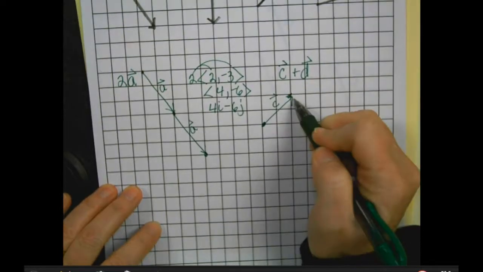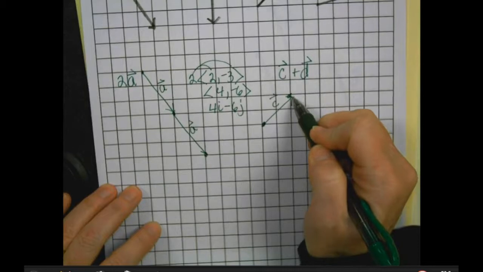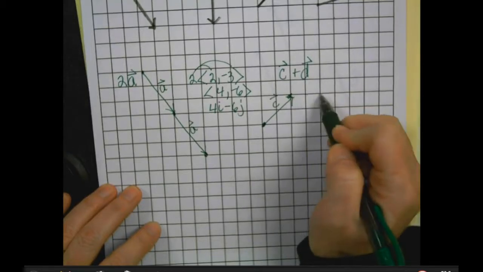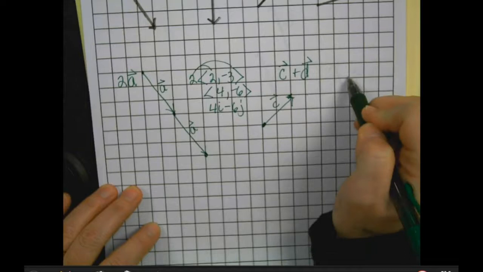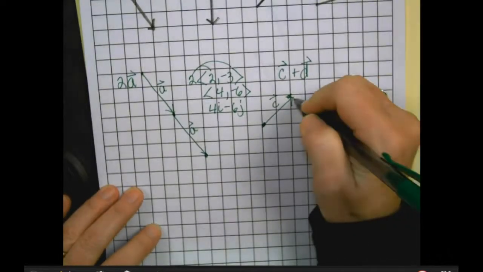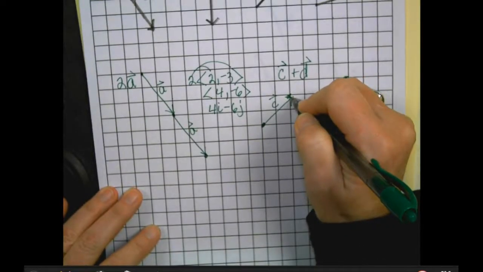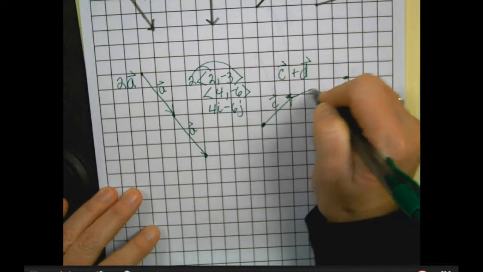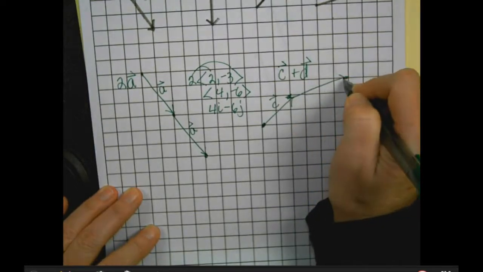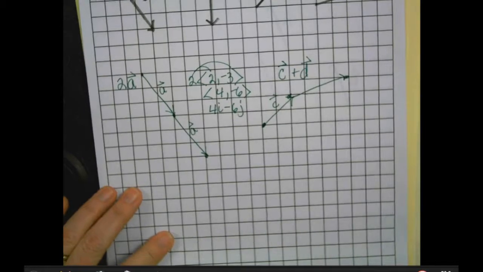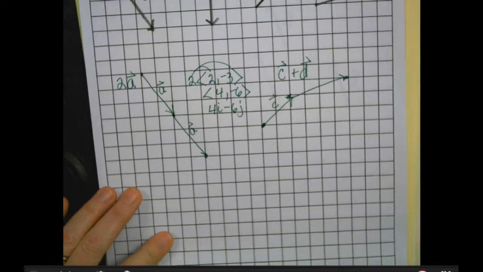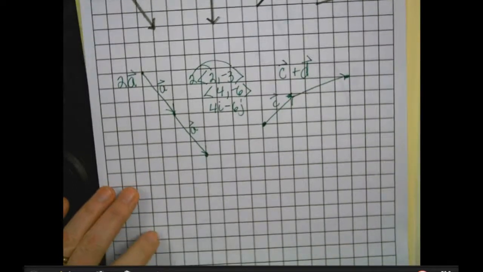Now D, what am I doing? I'm going to go over 4, 1, 2, 3, 4, and up 1. That's for the parallelogram method.